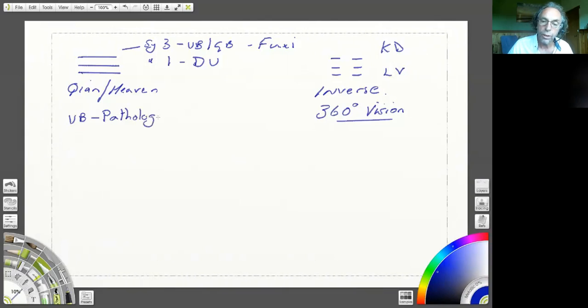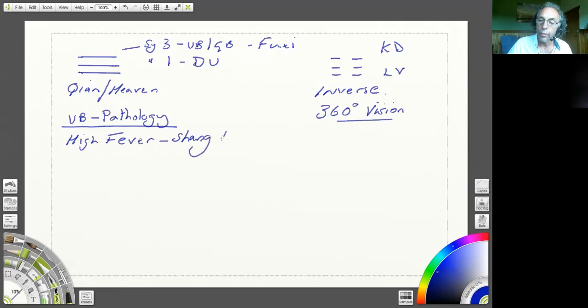In regard to this, for the fever, high fever, I think. So high fever as related to Shang Han external attack. Yeah. So we'd have to differentiate that high fever.